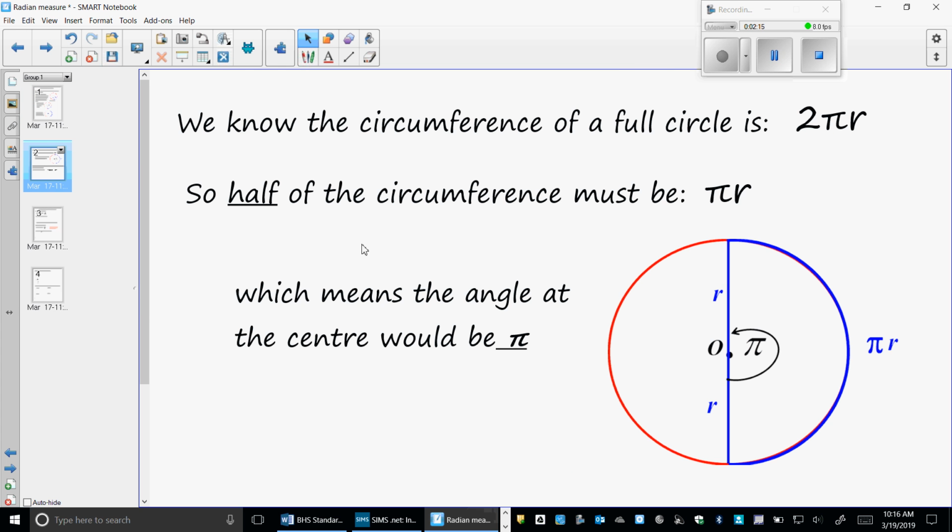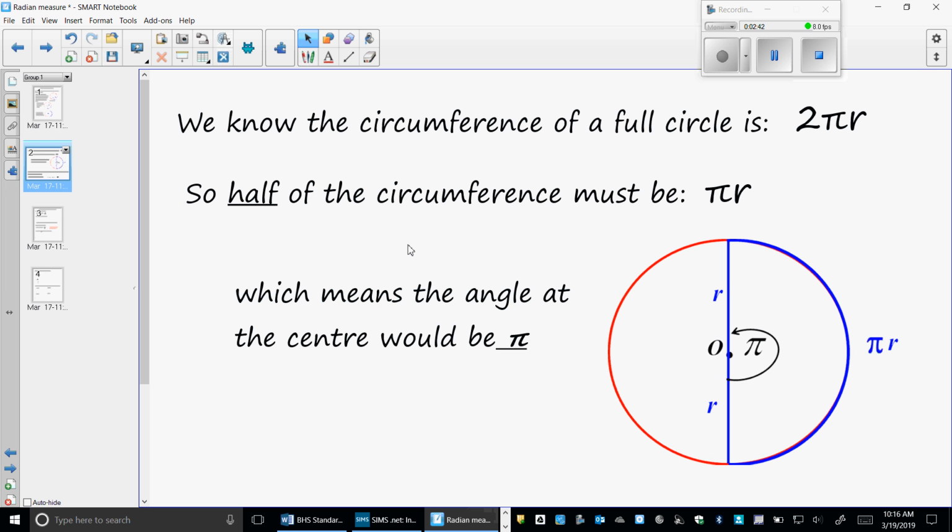So we know that the circumference of a circle is 2 pi r. That means that half of the circumference would be pi r. So what do we know this angle is usually? Half of the circle, 180. So that means that if this was r, this was r, and this was pi r, then this would be pi radians.